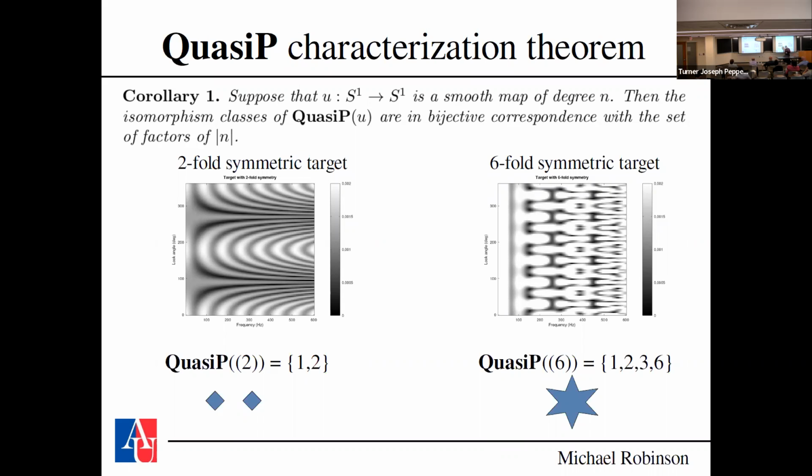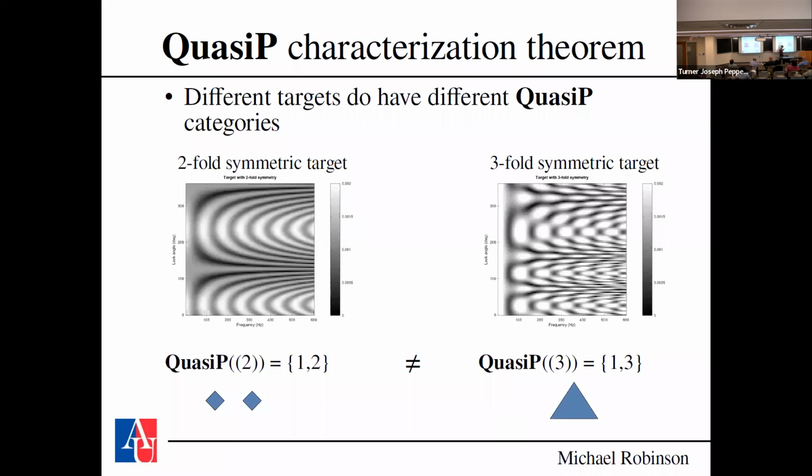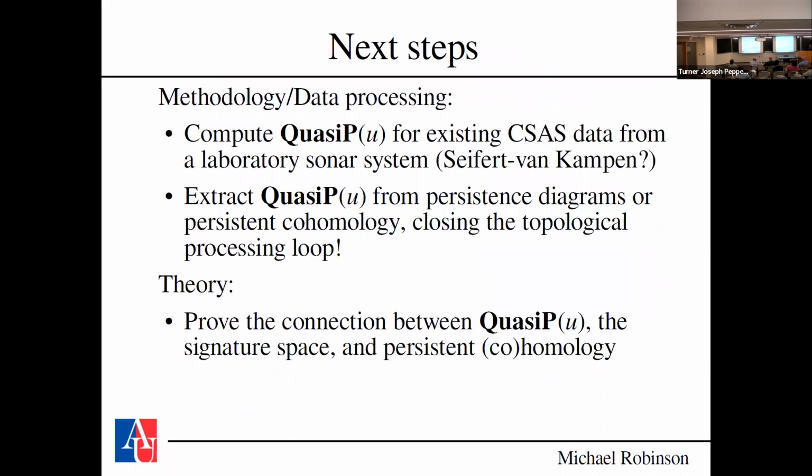Well, that's pretty cool. This says then that if I distort the target, it doesn't change anything at all. Change that trajectory, move to a different trajectory, it's exactly the same. Not only do I not notice a difference, I literally do not notice a difference. These two are still distinguishable. And even if I switch to another target, I could say, yeah, I can see a threefold symmetric target has a different category. They're classifiable.